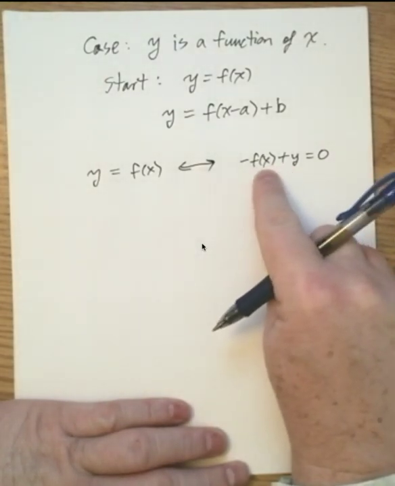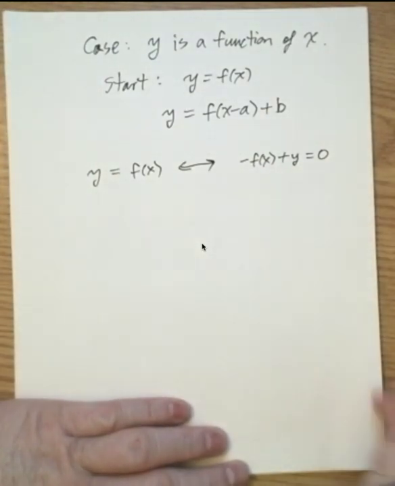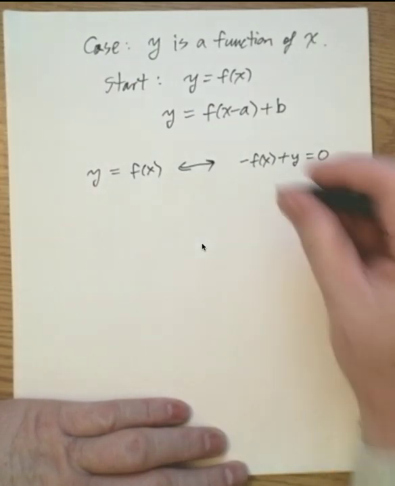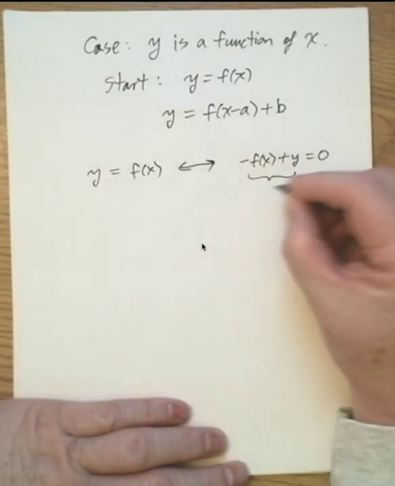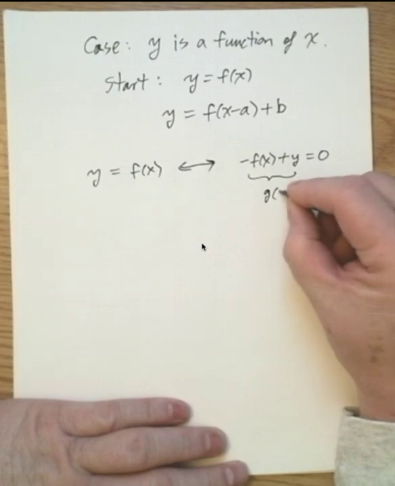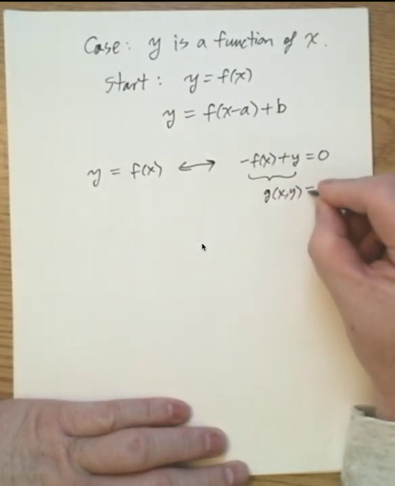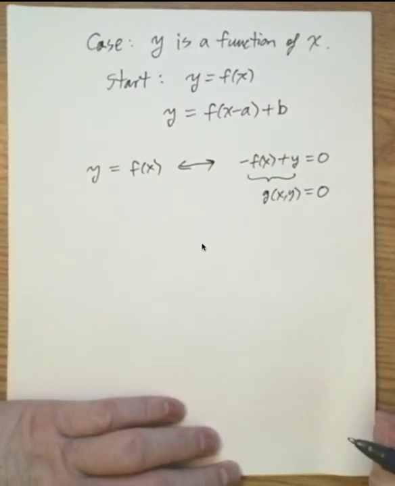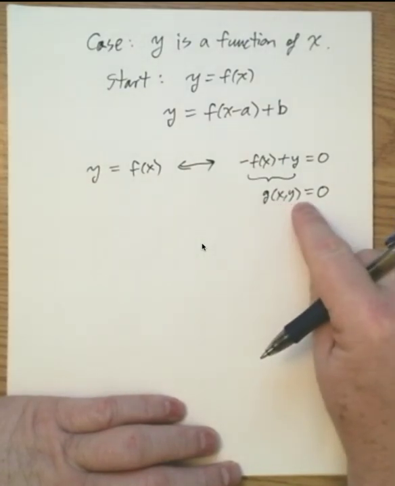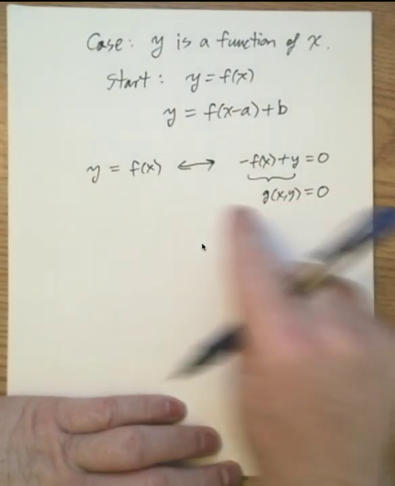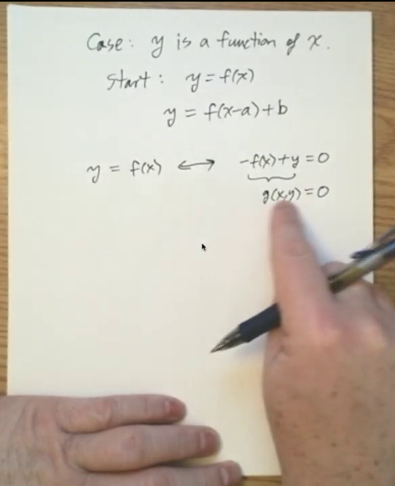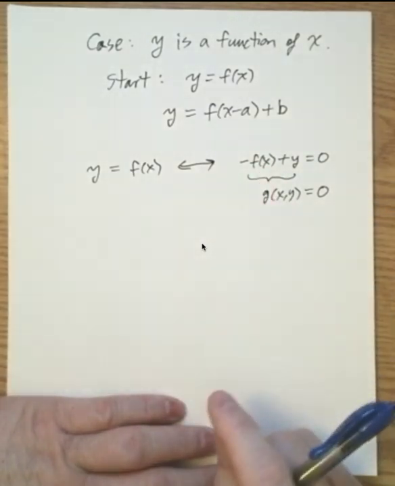Now, I could consider this thing a function of two variables, x and y. So maybe I'll call that thing g of x, y. And that's set to 0. That's a weird way of transforming this and making it look like this, where I've defined g this way.